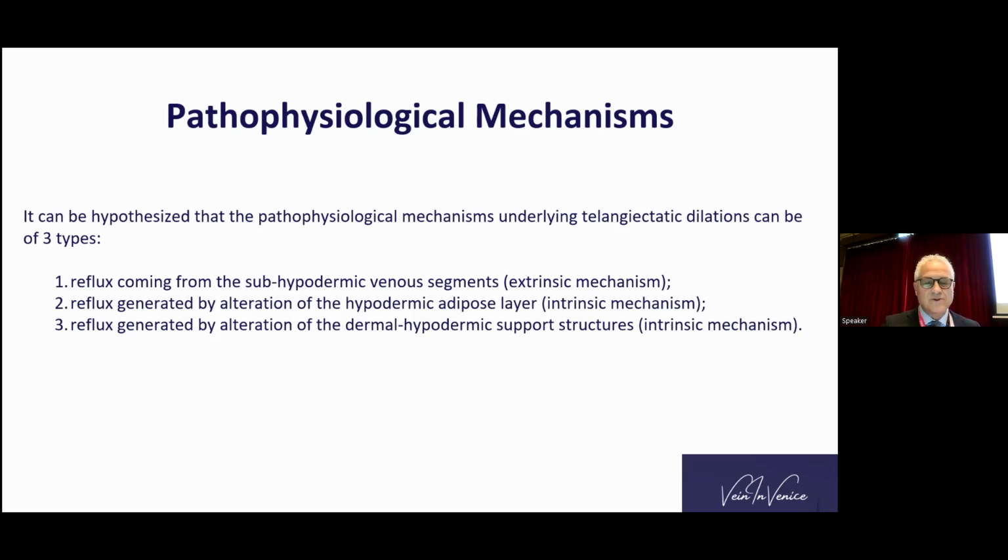And reflux generated by alteration of dermal hypodermic support structures, and this is another intrinsic mechanism. This can give us the knowledge for the use of other complementary techniques in the treatment of telangiectasis.